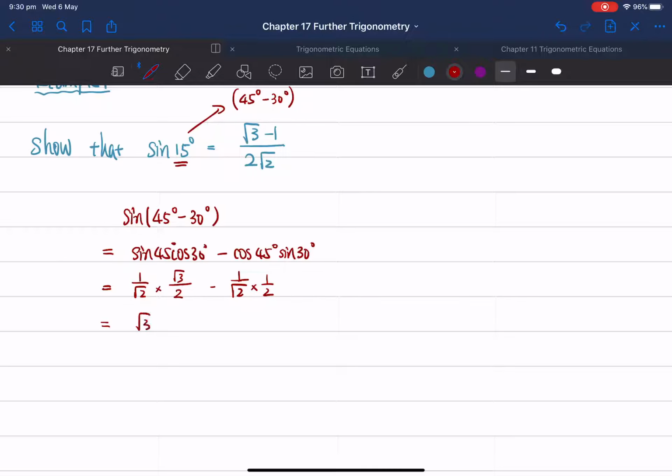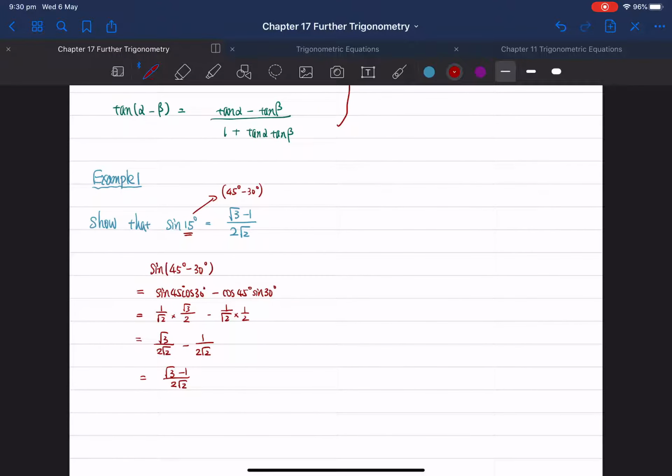So that gives you root 3 over 2 square root of 2 minus 1 over 2 square root of 2. And that gives you square root of 3 minus 1 over 2 square root of 2. And that's it, done. So that's the first example. Really simple, easy.